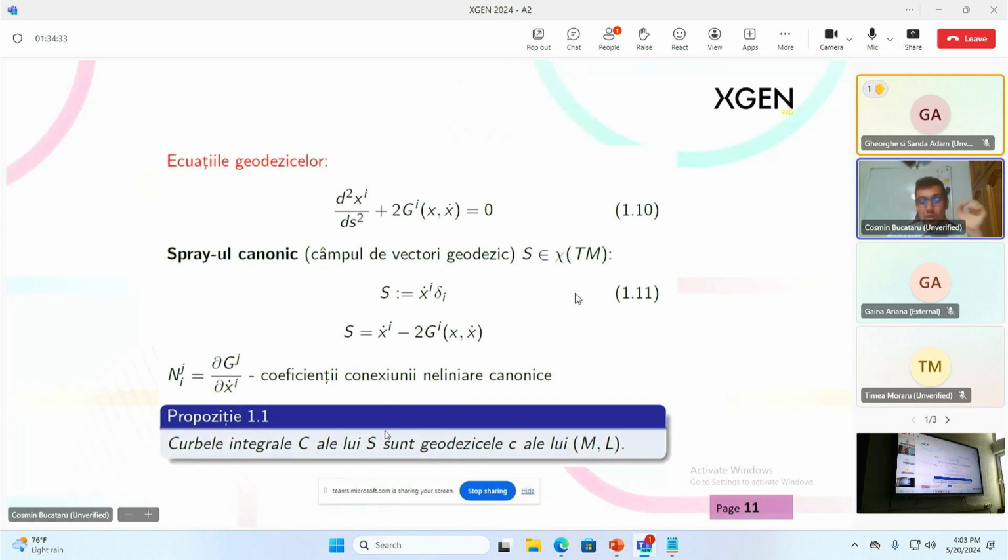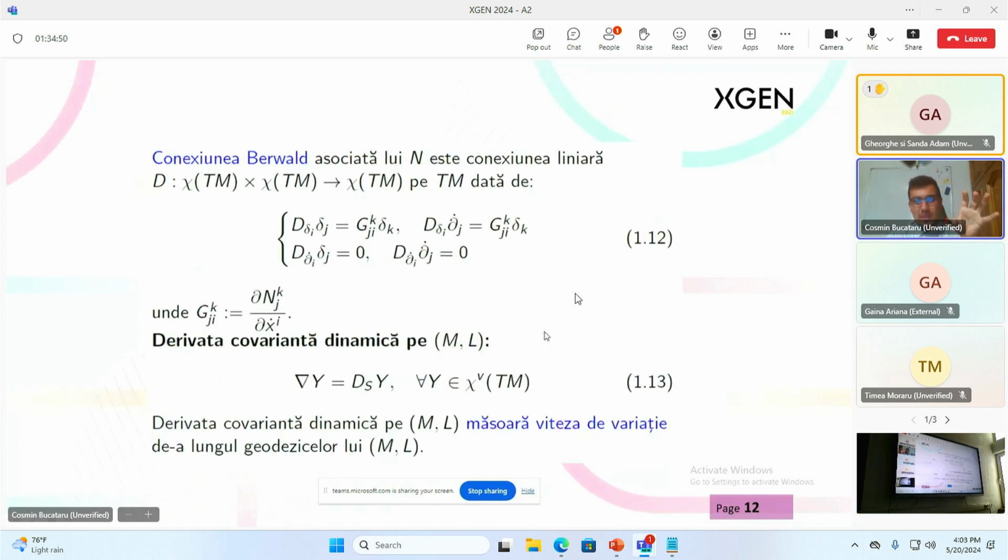What is more important is that we have a proposition that says the integral curves of the lifted curve c, the lift of the small c of the manifold, are the geodesics of the pseudo-Finsler space. And then we want more.